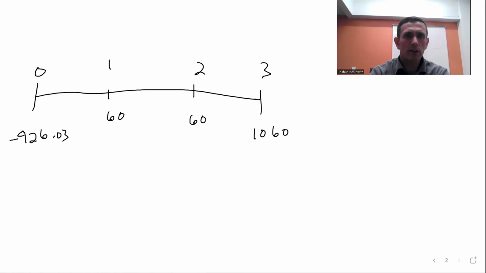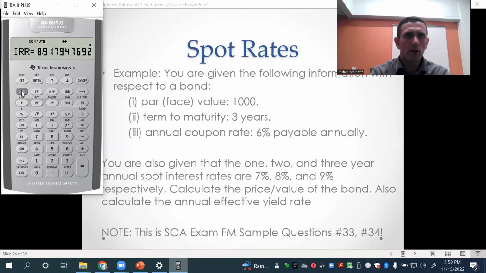So let's go see if that's anywhere. Actually, I don't think any of that got into the calculator, so let me go back. I entered 926.03 here for my initial amount, 60 is my first amount, that's repeated twice, then 1060, then I went to IRR compute, and that's what it computes.